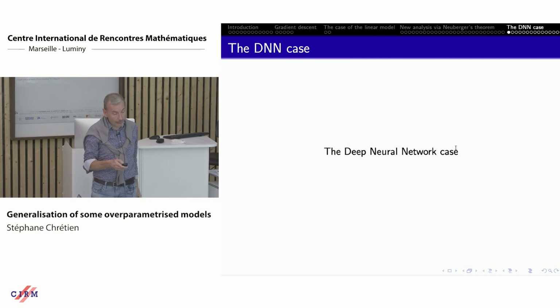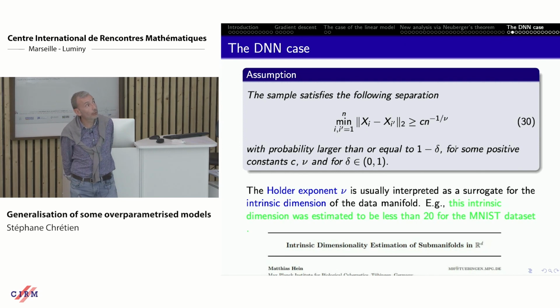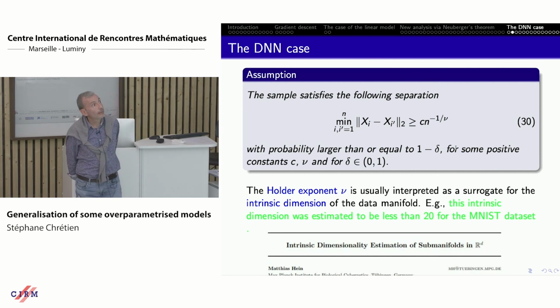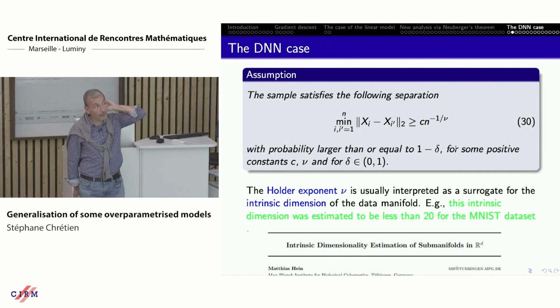And in the case of deep neural networks, maybe you can do something less general, but which is fun to do. If you make the assumption about the dimensionality, we can define the intrinsic dimensionality of the data set, which can be computed by several methods. There's been a lot of work about this some years ago.